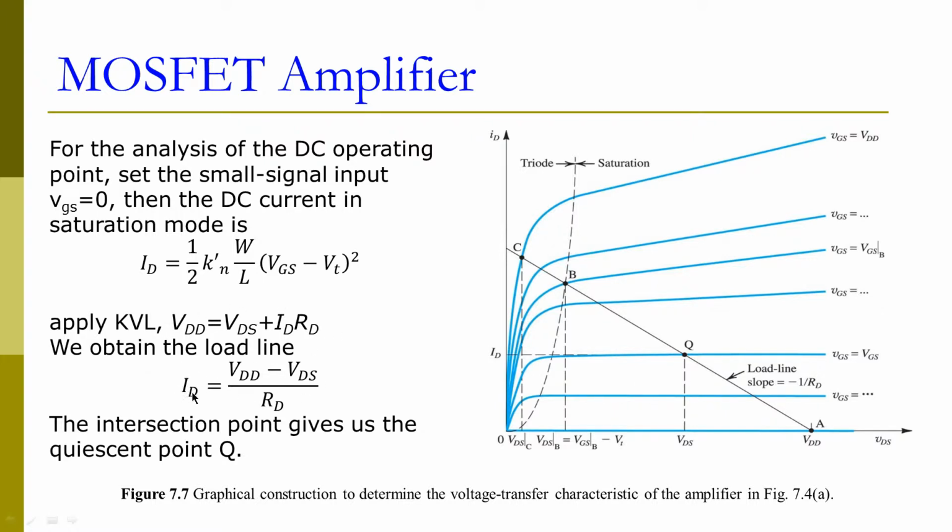The load line is the drain current equals the voltage drop across this drain resistor divided by the drain resistor value, and that gives us a current. Now this current is a straight line. If we know the gate voltage, we can locate where our working point, our quiescent point Q, is here.